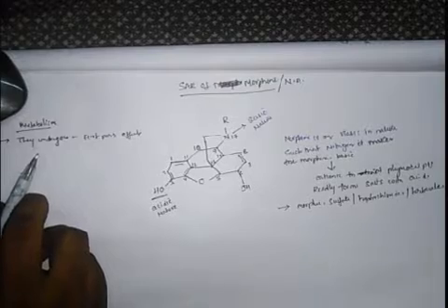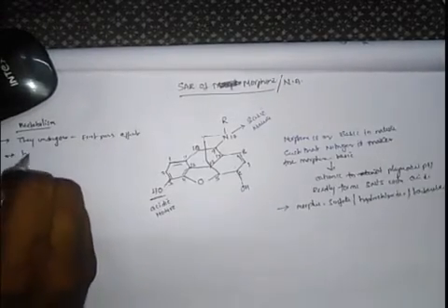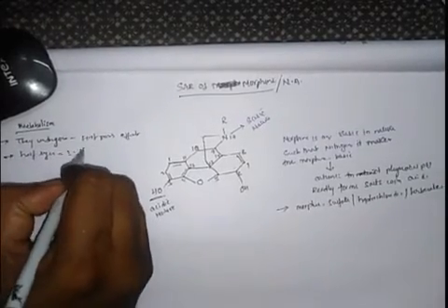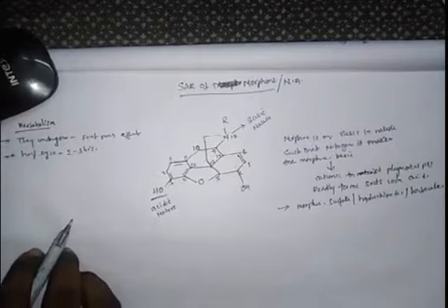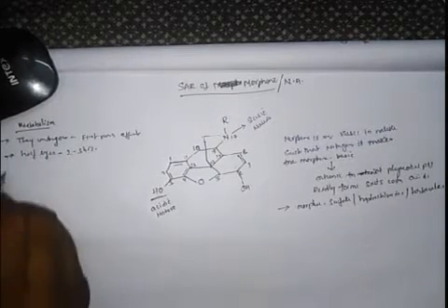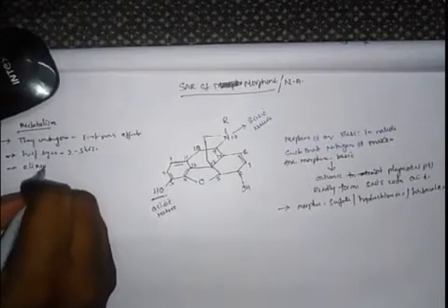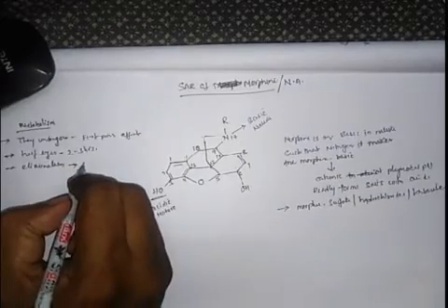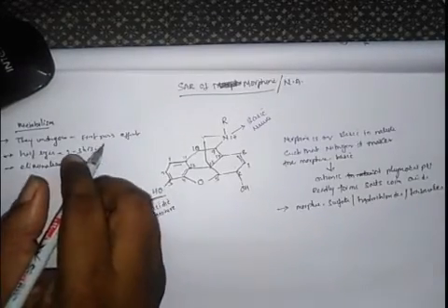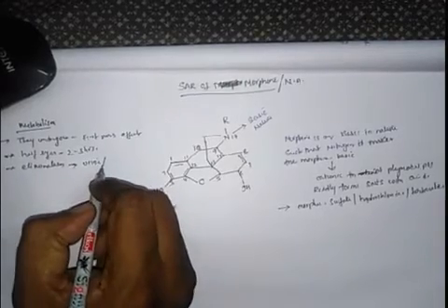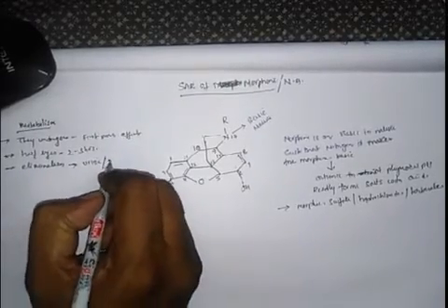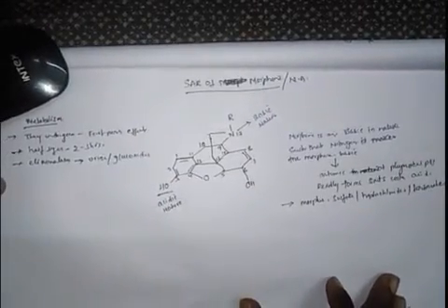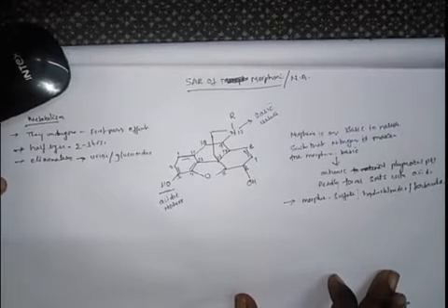Their half-lives are generally 2 to 3 hours. Coming to the elimination, the major pathway of elimination is through urine, and they are eliminated as glucuronides.